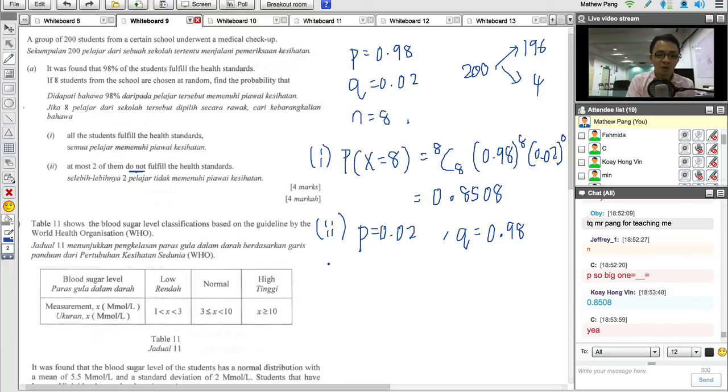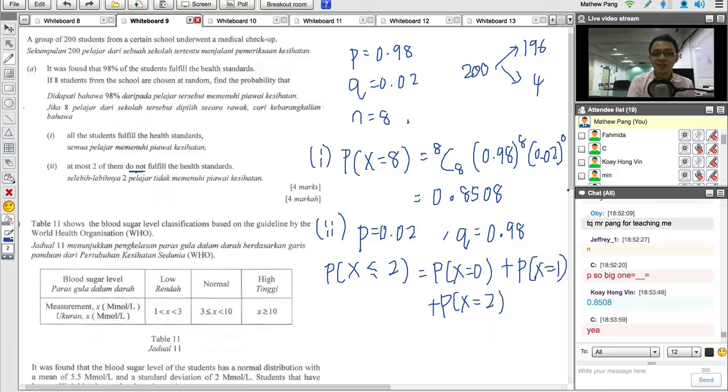At most 2 means at most is maximum, so it must be less than or equal to 2. So I will do x equals 0, plus x equals 1, and then plus x equals 2.